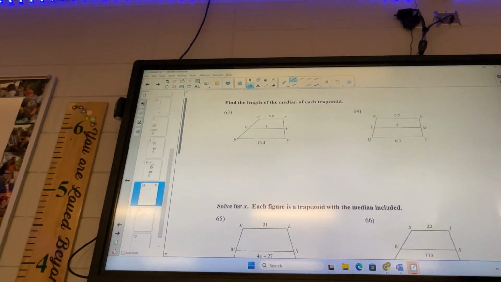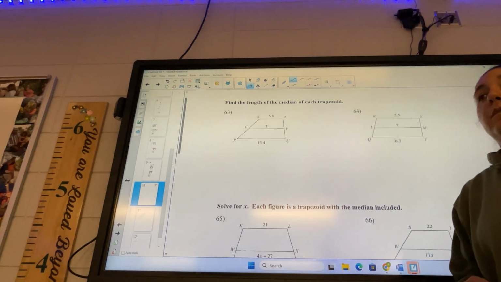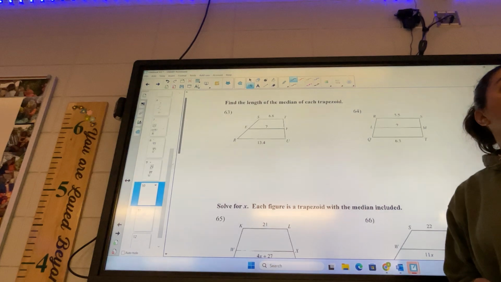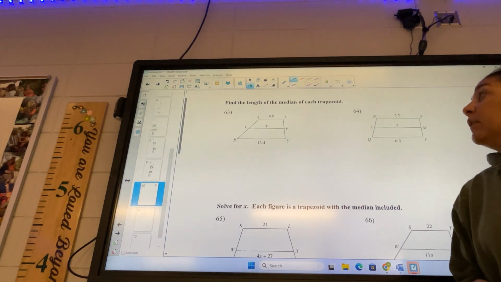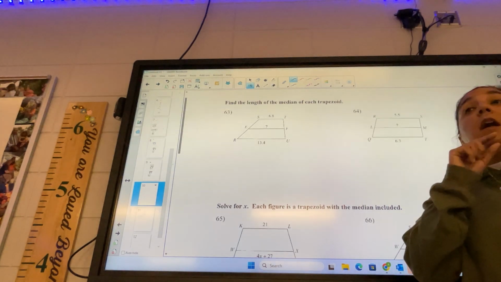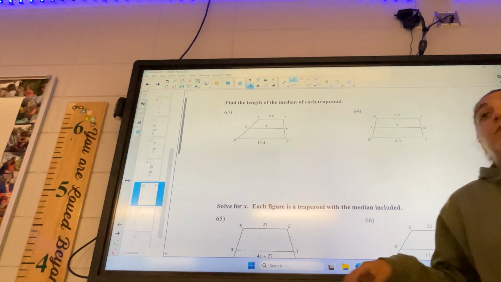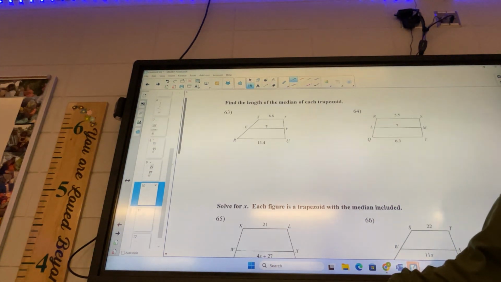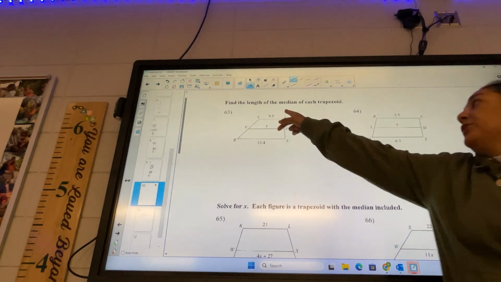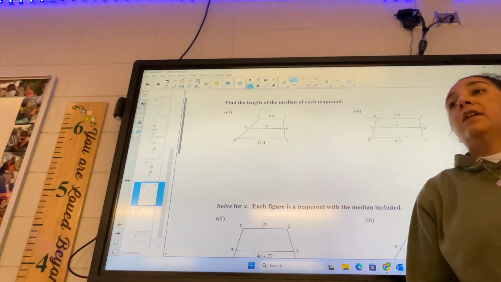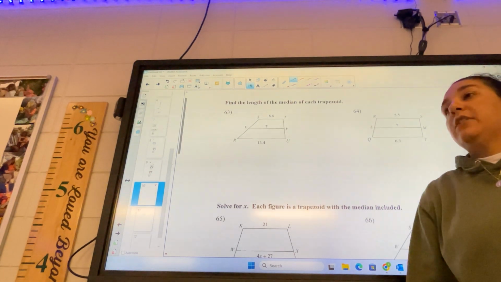What is that? I got 13.5. There's no way. Hold on, pause. How do I know that it's not 13.5? If I say between me and Sam, Sam has $6.80 and I have $13.40, there's no way that she has $13.50.